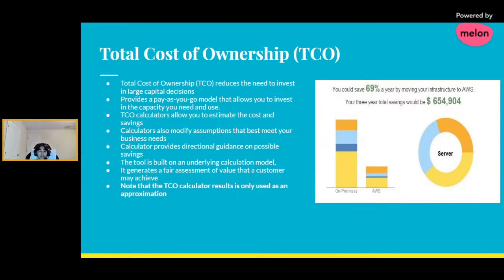This calculator provides directional guidance on the possible savings that you could have, and the tool itself is built on an underlying calculation model. It generates a fair assessment of value that a customer may achieve. And it's important to note here that the TCO calculator results should only be used as an approximation.